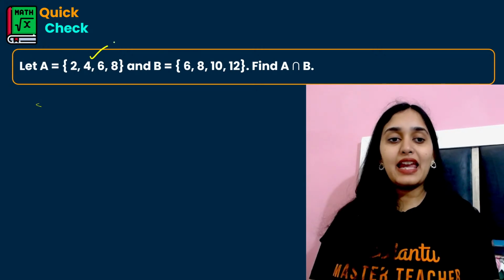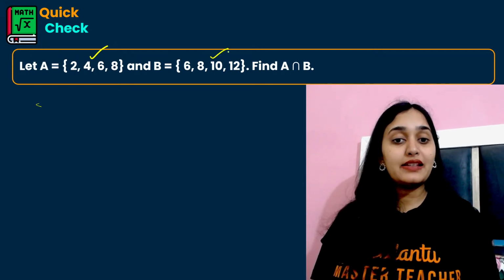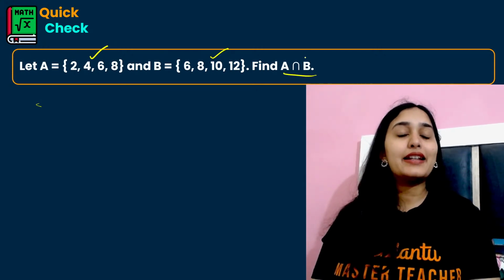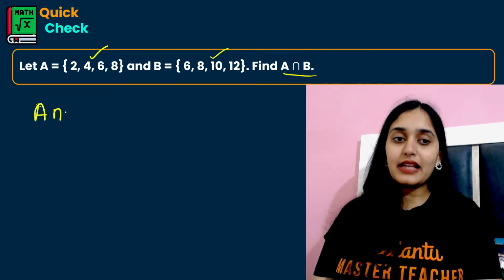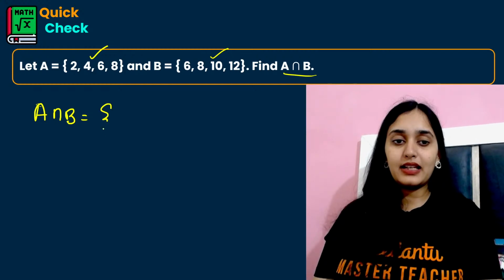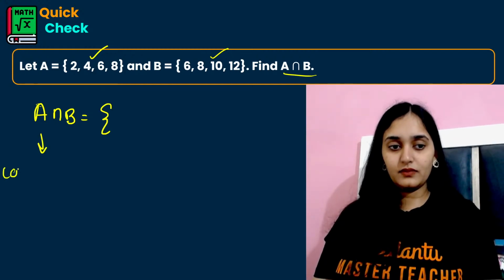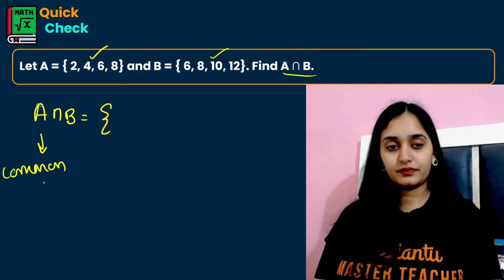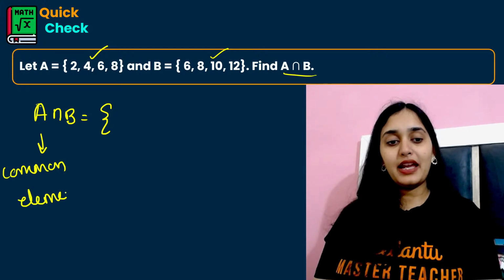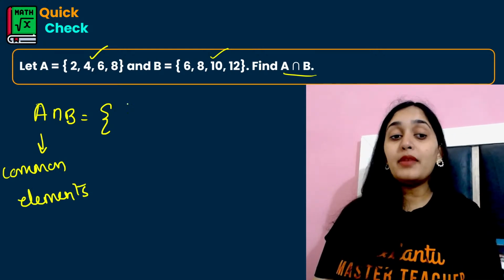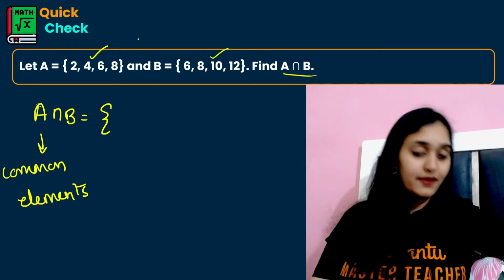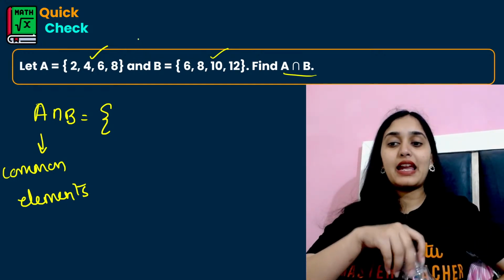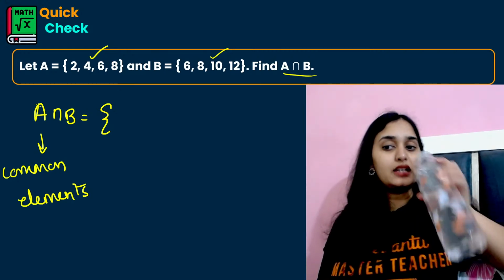If set A is 2, 4, 6, 8, set B is 6, 8, 10, 12, find A intersection B. Now, A intersection B is basically common elements. So, what is common between A and B?